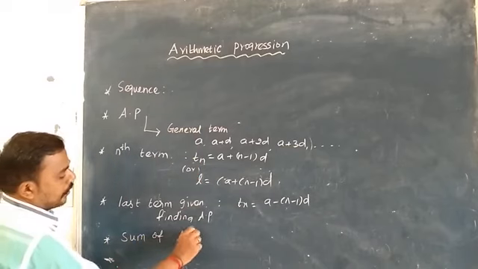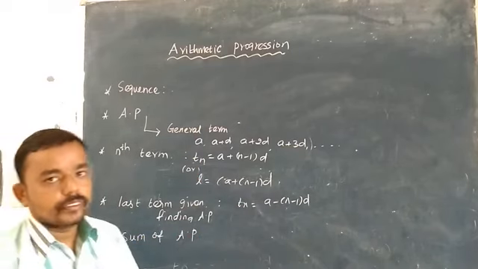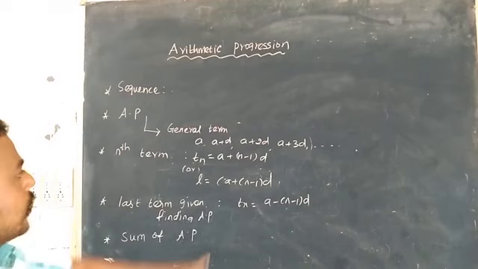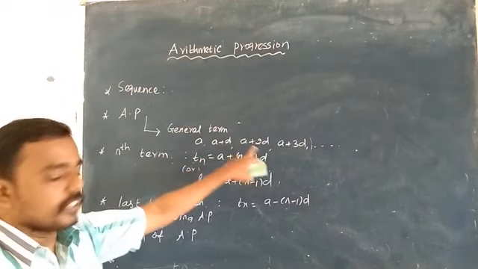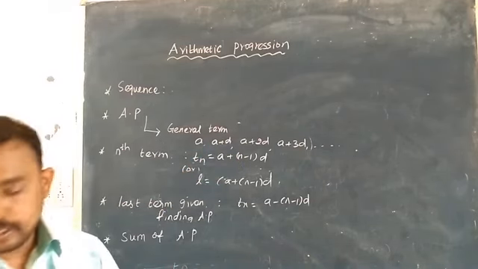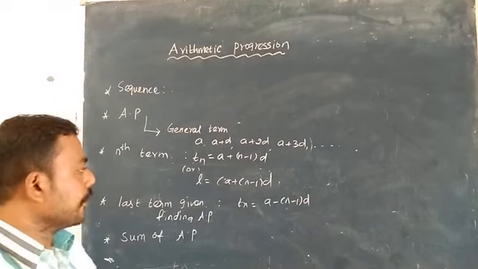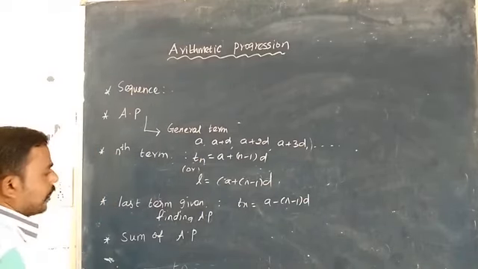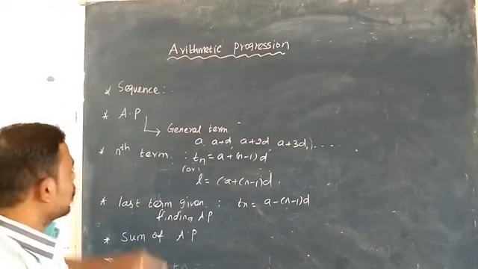Now the sum of AP, summation of AP. Now we are going to use this general form. So general form only we are going to use. For the sum of AP, what terms did we discuss?